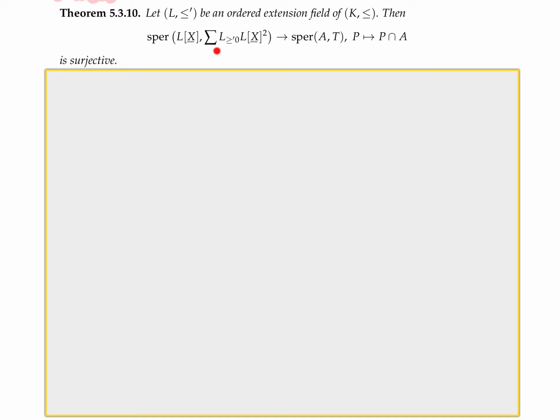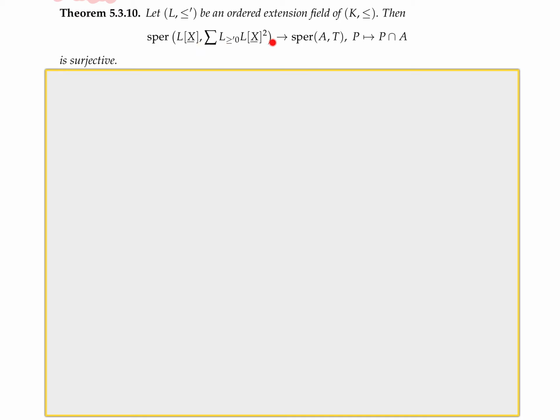We have again this restriction map: I intersect a prime cone of the polynomial ring over L with the polynomial ring over K. And since this was an ordered field extension, I get a prime cone that contains the non-negative elements of K, because that one should have contained the non-negative elements of L, right?